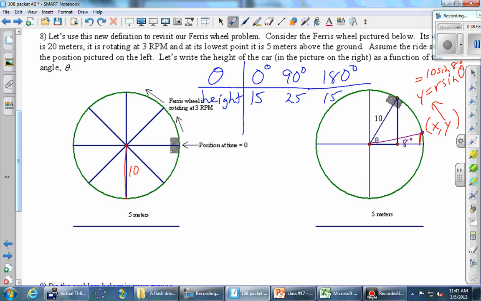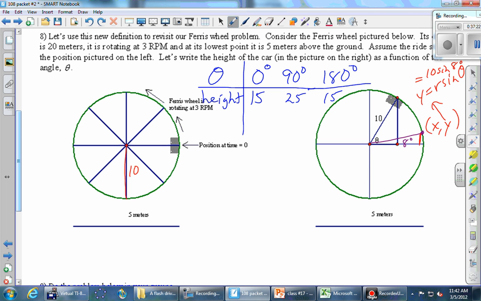About 1.4 meters is how much we have gone up. But we were originally how far off the ground? We were 15 already. Is it 5 plus or 15 plus? 15 plus. So we were 15, we gained another 1.4, so now we're at 16.4.